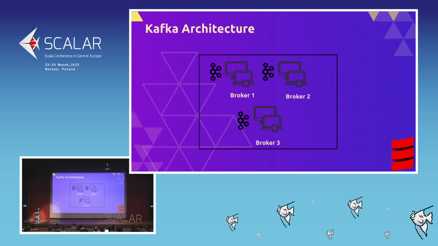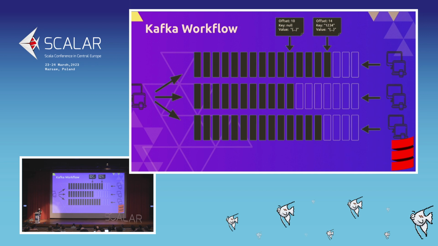Now, when we are familiar with basic Kafka terms, like what is a broker and what is a topic, we can go through some typical Kafka workflow. Here on the left side, we have a Kafka producer, which is used to send data to a particular topic.